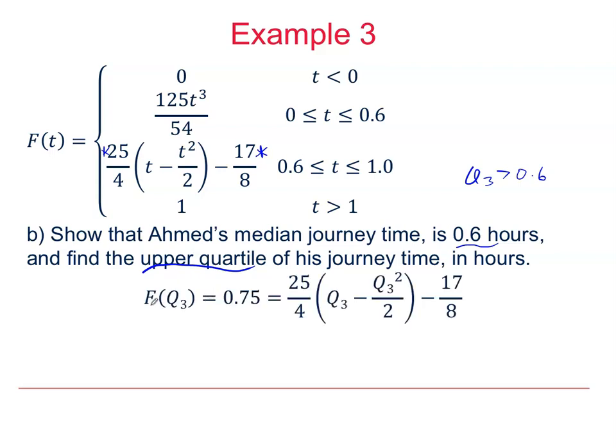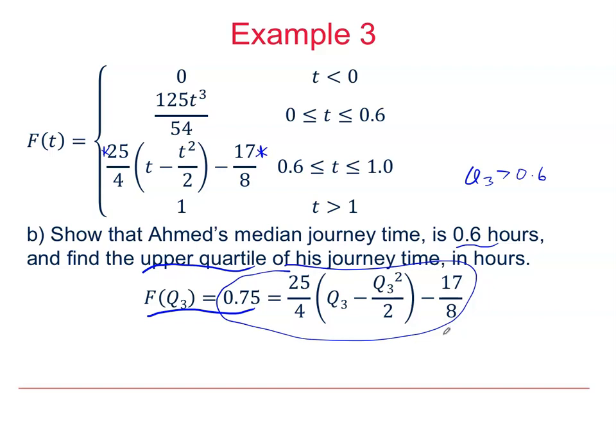Taking account of the fact that the CDF evaluated at the third quartile is 0.75, we substitute into the CDF that we already derived, and we finish up with a quadratic equation to solve. Here's our quadratic to solve.